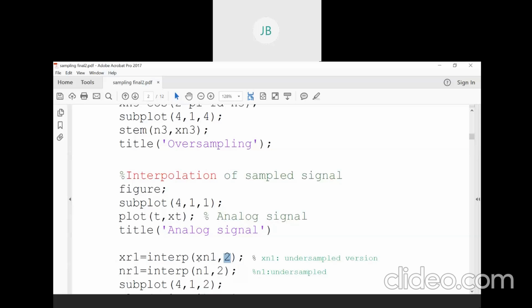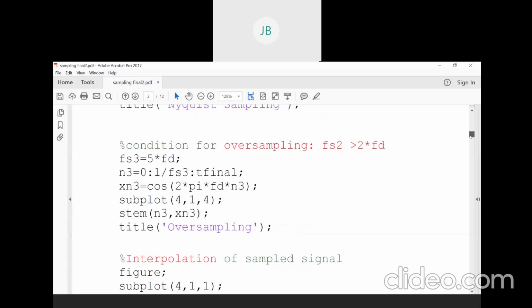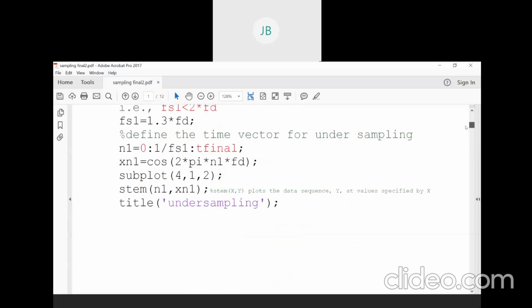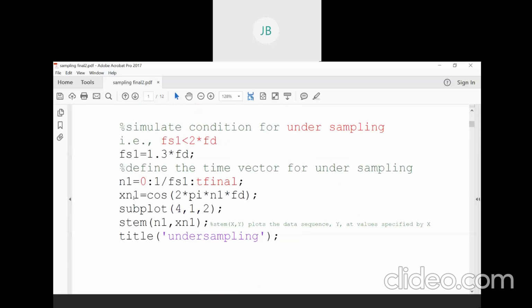For example, what is xn1? xn1 is nothing but the undersampled signal, right? I will just go back to show you. So here is xn1. From here, the xn1 value comes. It is the undersampled version, the undersampled values or samples.